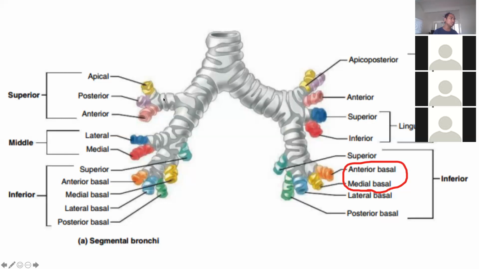To go to the superior lobe, there is a secondary bronchus, another secondary bronchus for the middle lobe, and a secondary bronchus for the inferior lobe. The same thing on the left: the primary bronchus becomes the secondary bronchus for the superior lobe and the secondary bronchus for the inferior lobe.